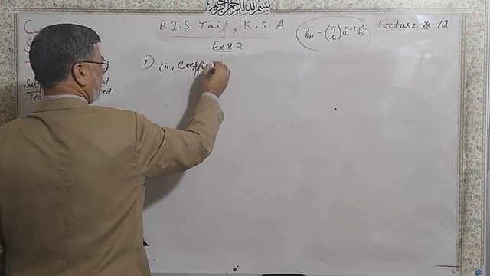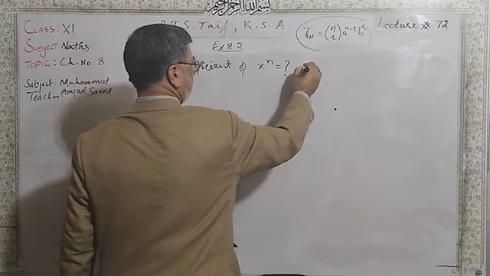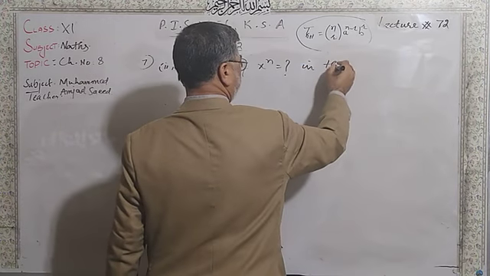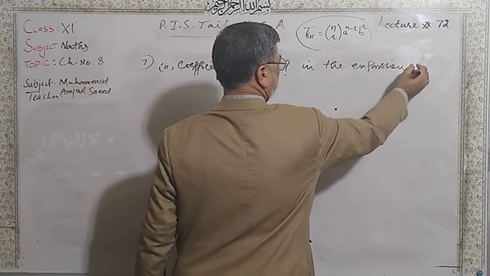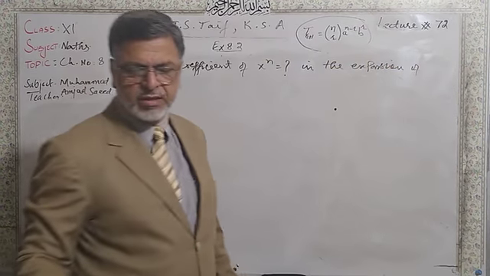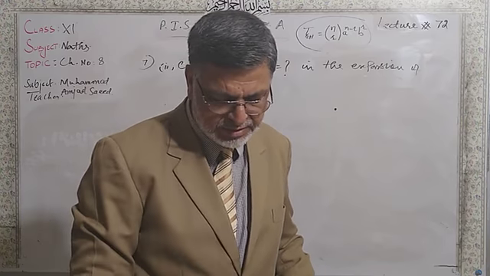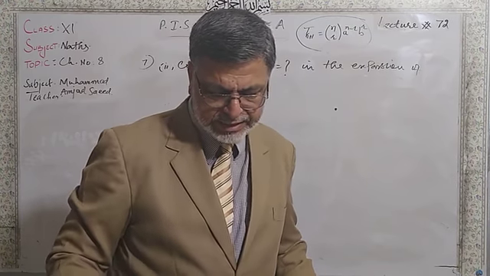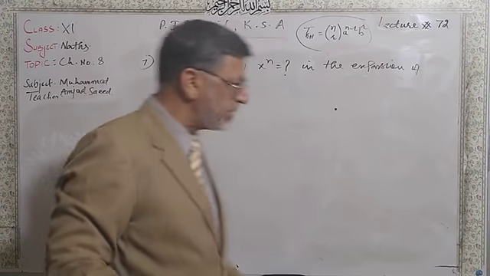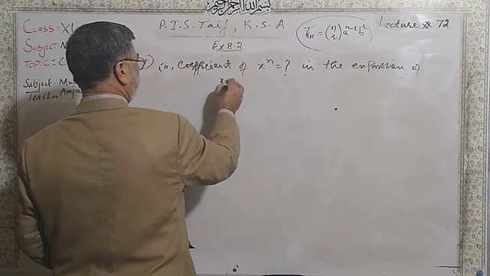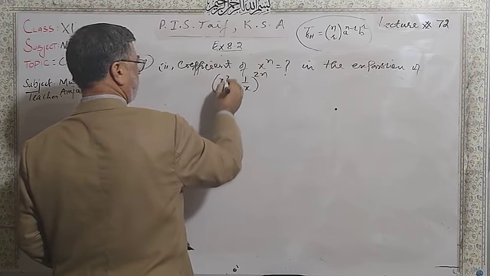Yes, question number 7, part number 2. Find the coefficient of x^n in the expansion of x square minus 1 over x, whole power 2n.